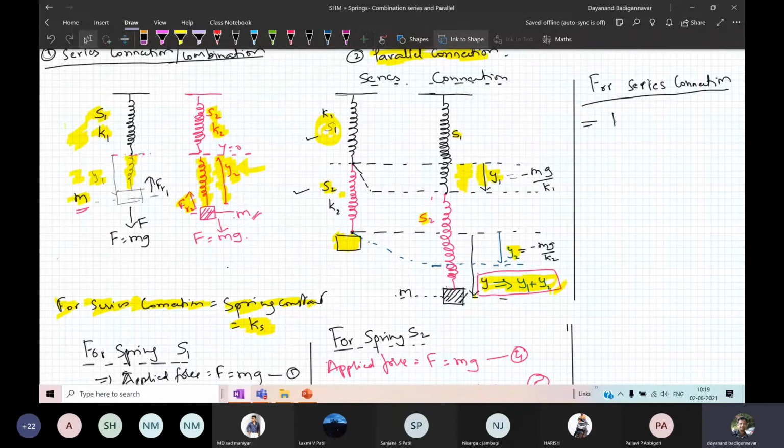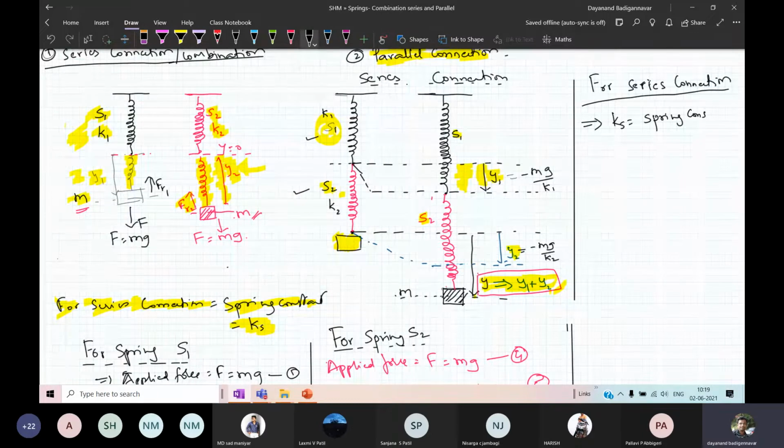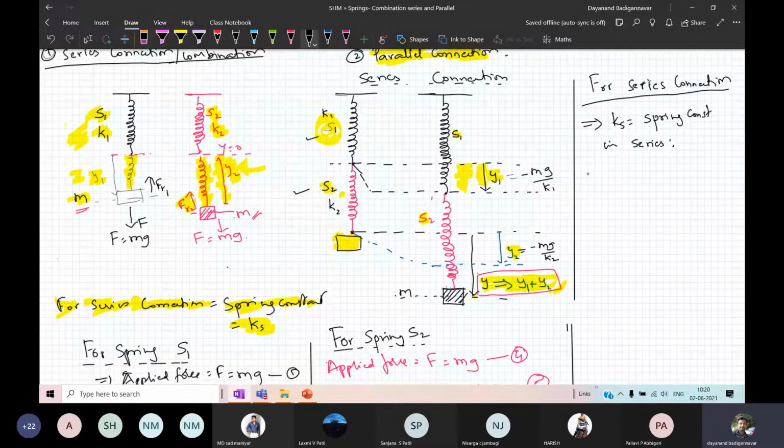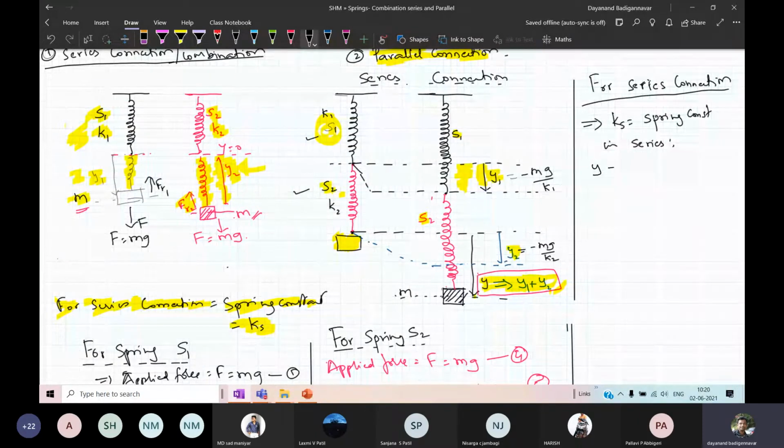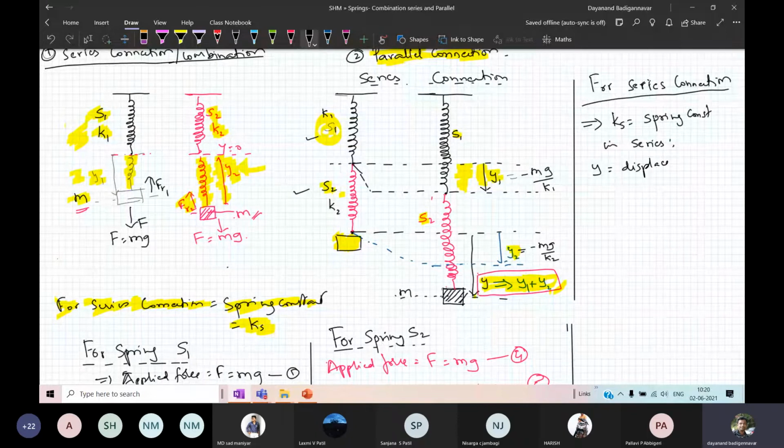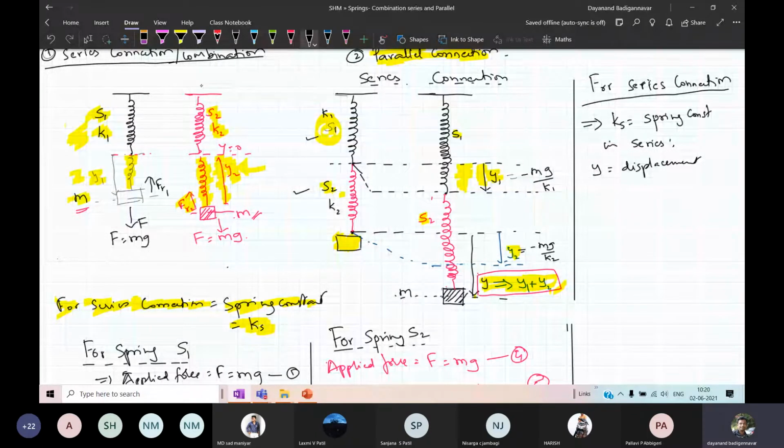I've taken the corresponding spring constant as ks. Ks is the spring constant of springs in series. Now, what is the displacement? The displacement is y, the same displacement. That is y here. You can look at this equation here.